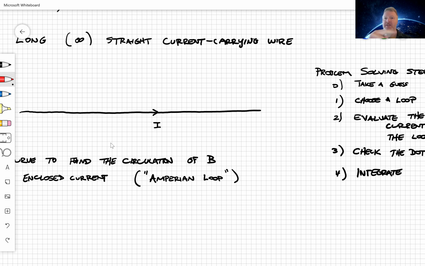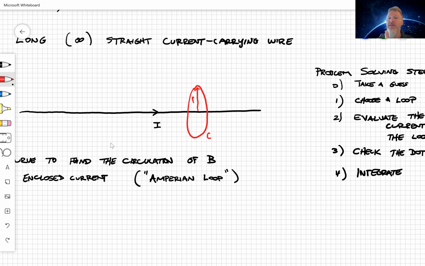So it circulates. So we're going to choose an Amperian loop centered on the wire with radius R. And this is our curve C.